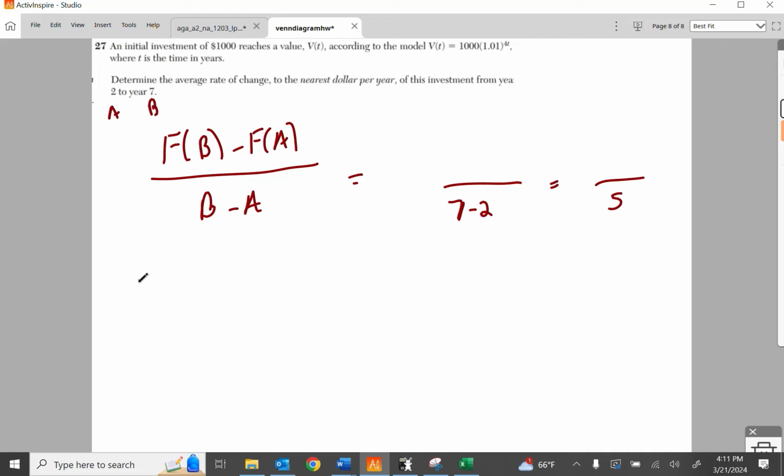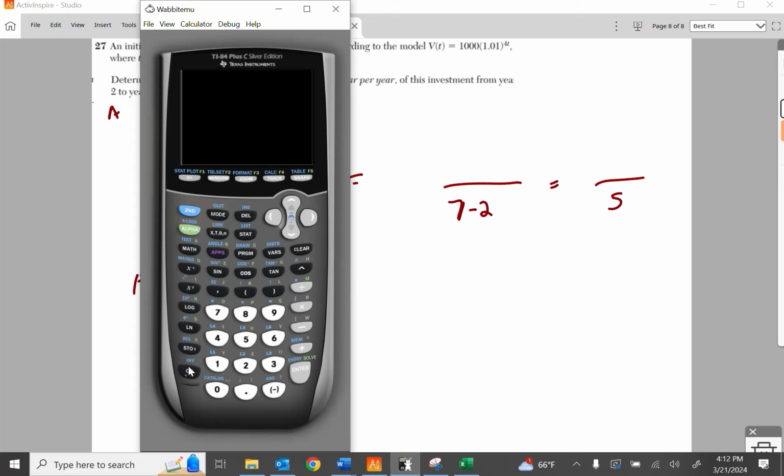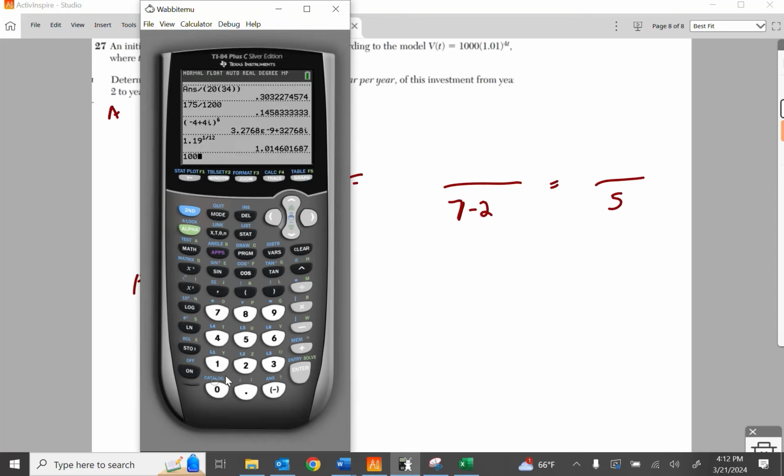Then it goes off to the side and it finds f of b by letting that be a 7. If it does not know what 4 times 7 is, it does not have to know what 4 times 7 is. And it finds that's 1321.29.